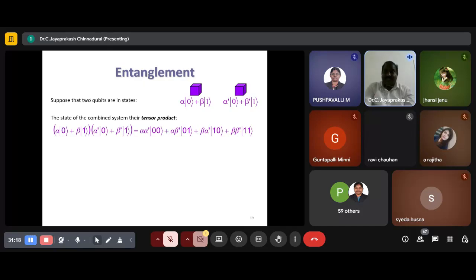Same like that, take the next term, beta ket 1 with alpha dash ket 0, so we have beta alpha dash ket 10, plus the last product, beta ket 1 with beta dash ket 1, which gives beta beta dash ket 11. So like that we can get the output.